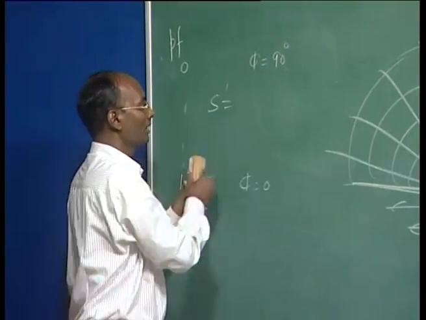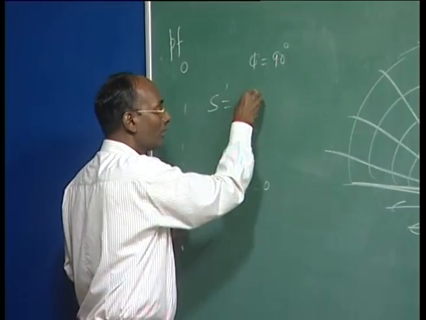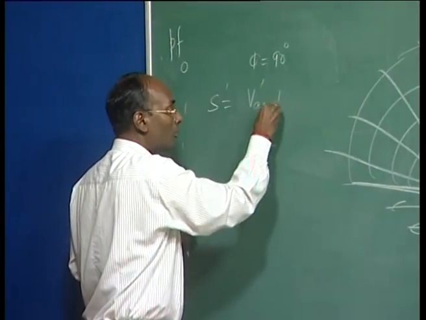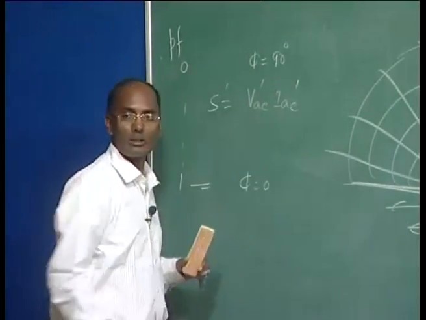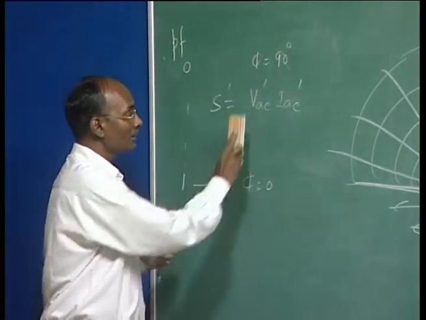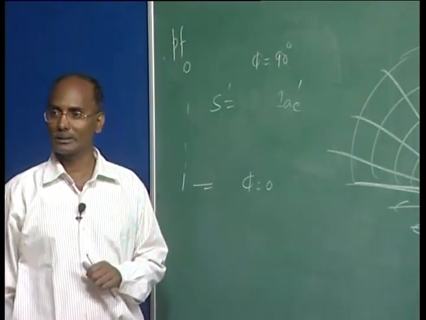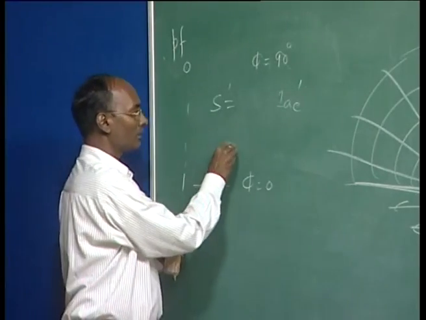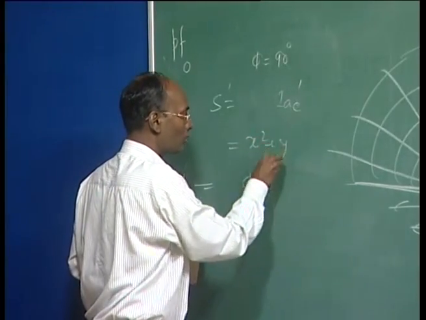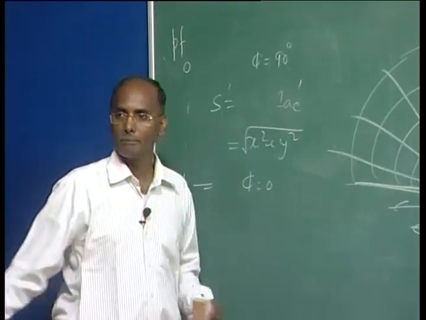The apparent power per unit is V per unit AC into I per unit AC, and this is unity. Already x we defined, which means here it is also x square plus y square in the per unit.